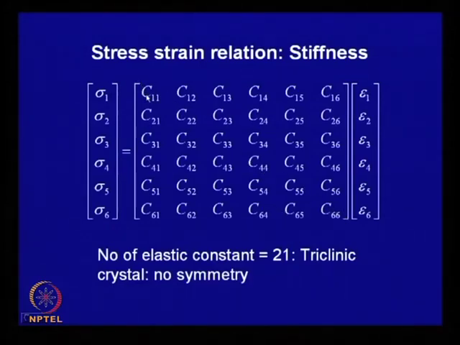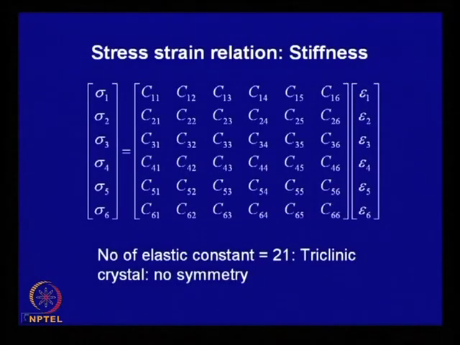You can count this. The first row is 6, second row 5, this row 4. So, basically it is a sum of 1 plus 2 plus 3 plus 4 plus 5 plus 6. So, it will be 21. So, you can have actually 21 elastic constants, stiffness constants.